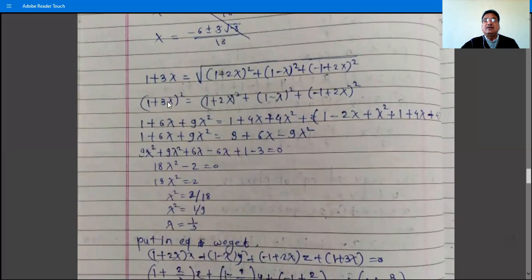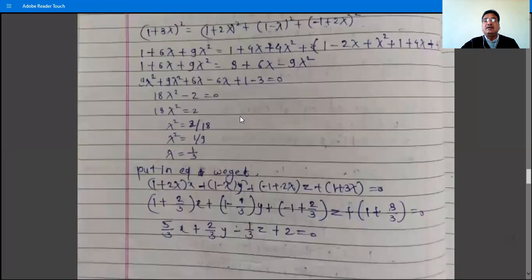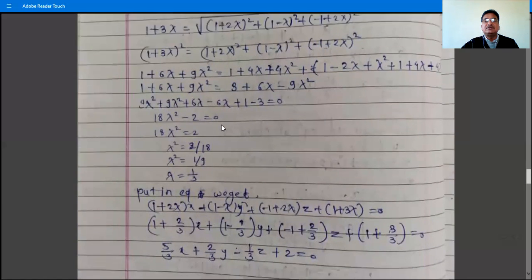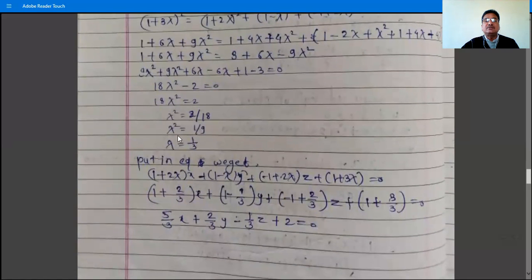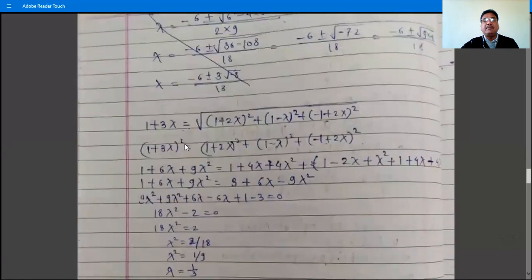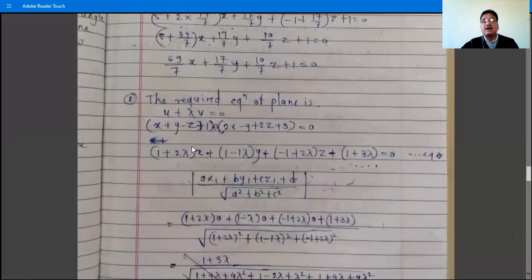Then square both sides, find the square of each bracket, and then add and subtract the terms of lambda square, lambda and constant. We have this equation: 18 lambda square minus 2 is equal to 0, so lambda square is 2 by 18, lambda square is 1 by 9, which means lambda is plus minus 1 by 3. Take 1 by 3 as lambda, and then put this value of lambda in equation star.